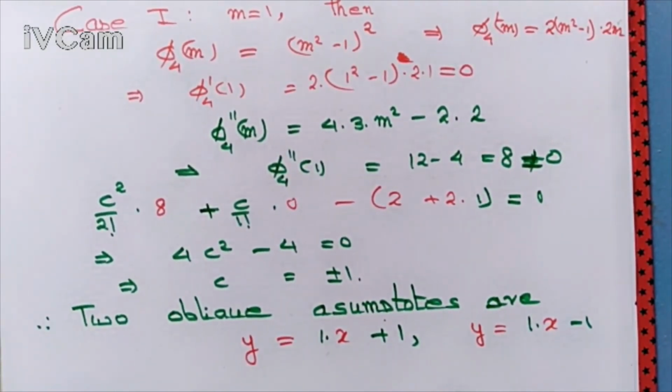So y equal to x plus 1, y equal to x minus 1. Those are the two oblique asymptotes corresponding to m equal to 1.